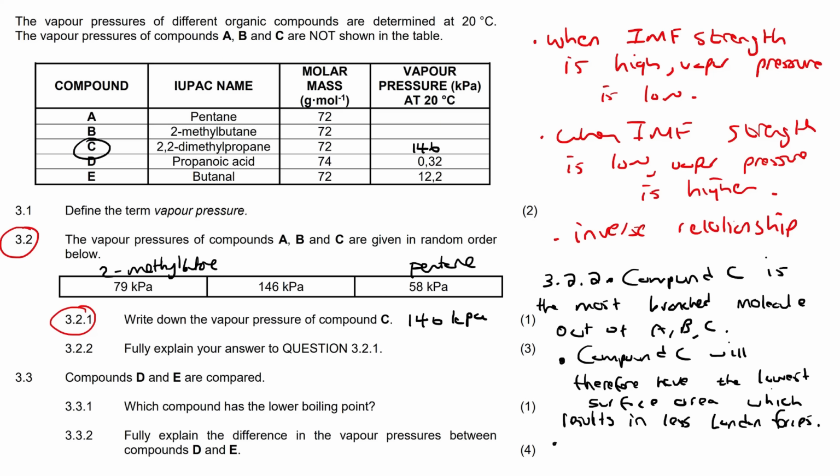And then, so from all of that, now we make the conclusion: less energy needed to overcome forces of attraction in compound C. They don't expect it, but you could also add, therefore it would have the lowest boiling point, and therefore it would have the highest vapor pressure.